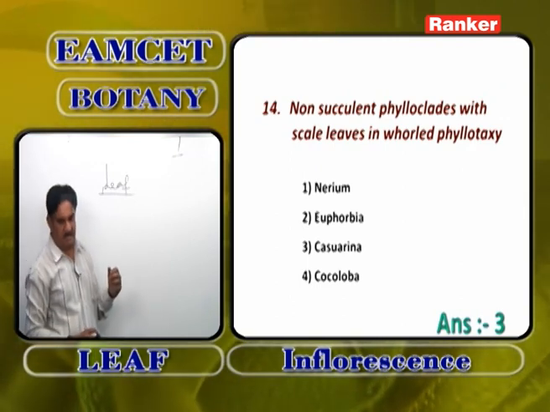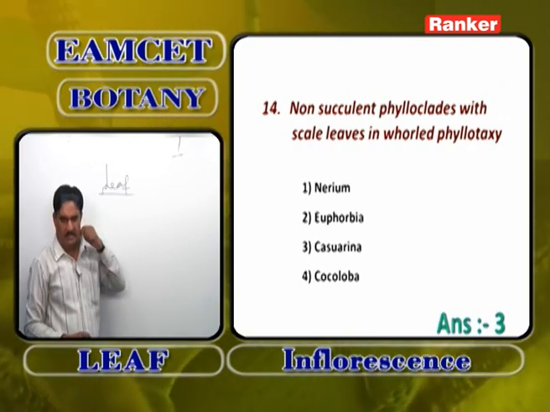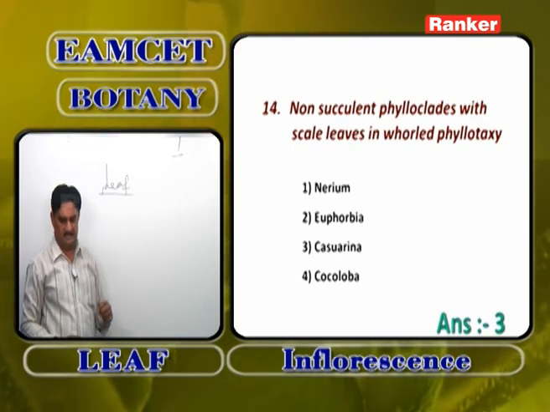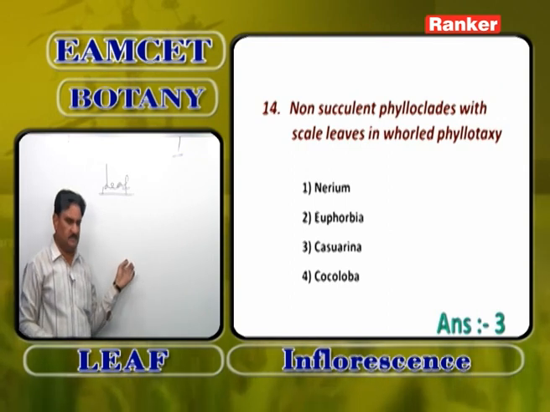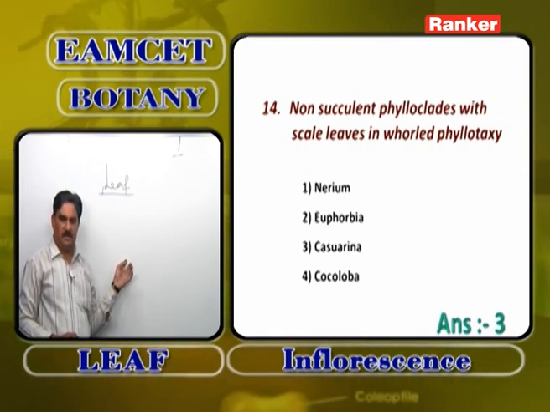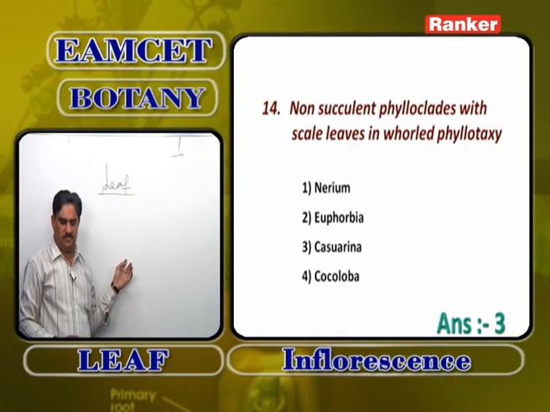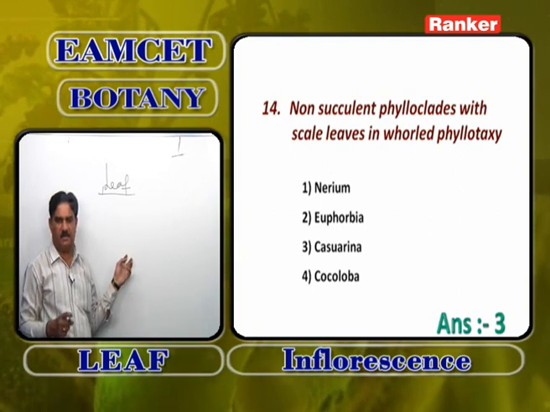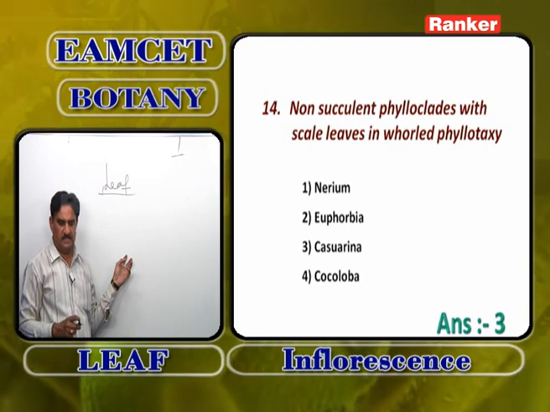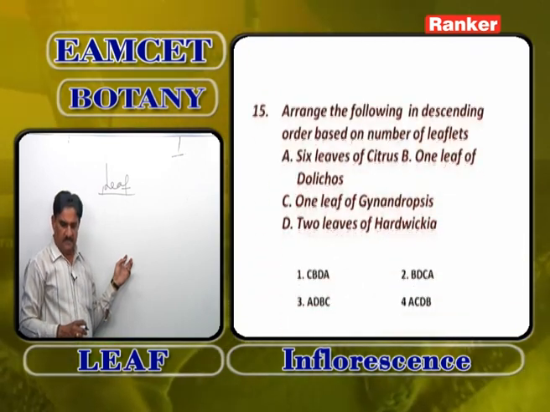So here, non-succulent phylloclads with scale leaves and whorl phyllotaxy is definitely Casuarina. Why? Because in Casuarina, long needle-like phylloclads are present. Around each node, you will find a circlet. A circlet of leaflets is nothing but whorl phyllotaxy. So for this, the answer is 3.